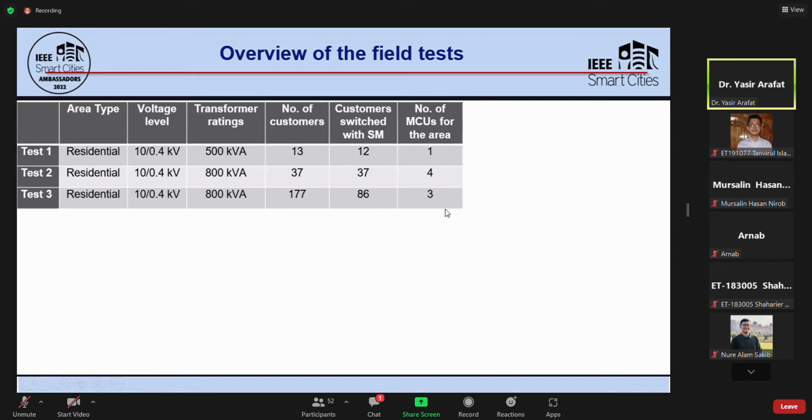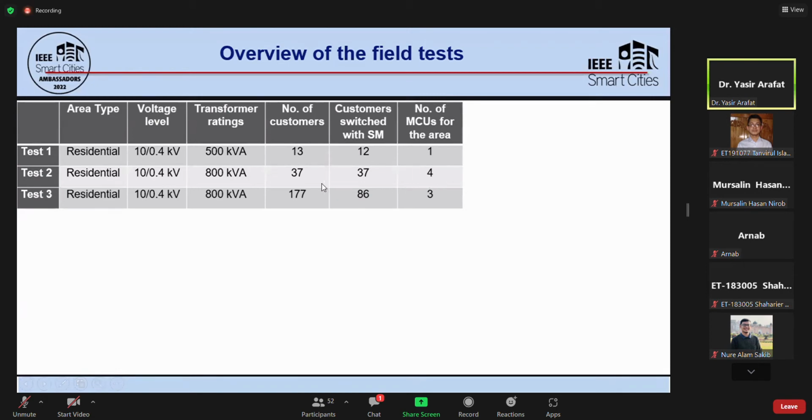And the number of MCUs that were communicating with these smart meters are mentioned here. When I discussed the smart metering system, I showed that a number of smart meters communicate with an MCU. For all these 13 smart meters, there was 1 MCU communicating with these meters.